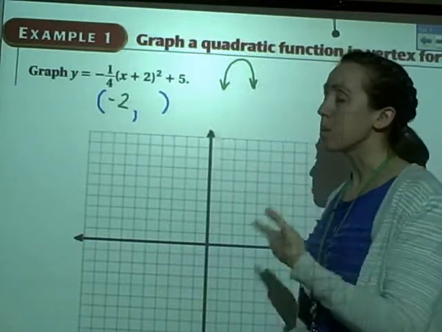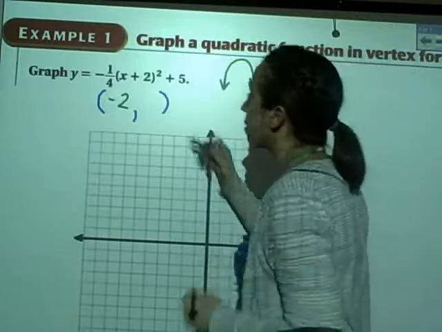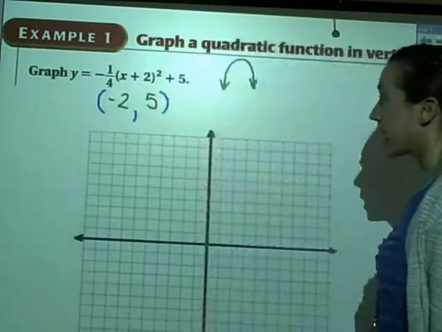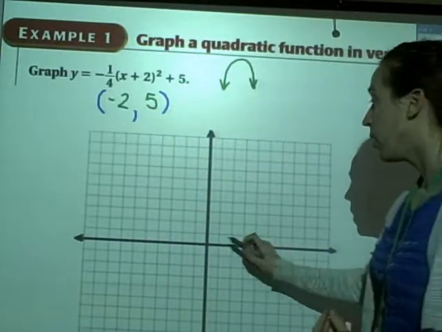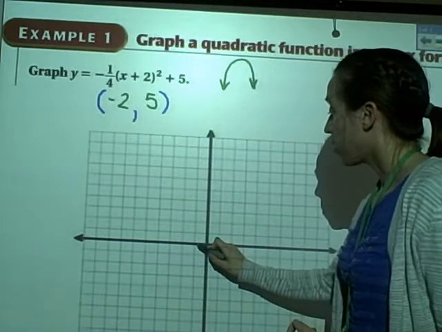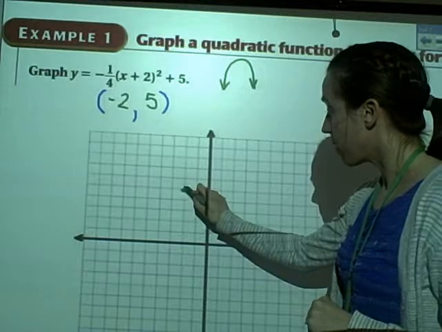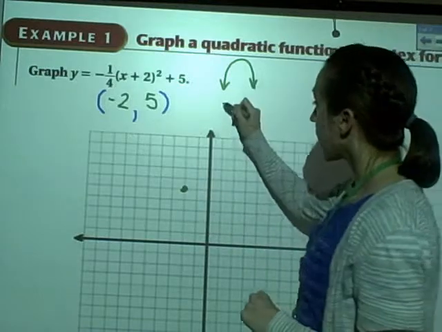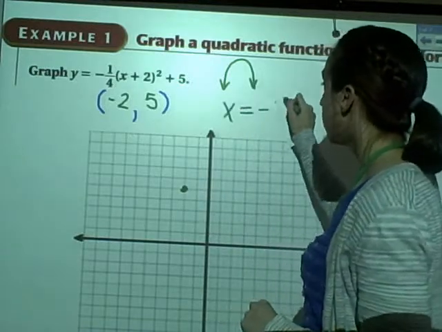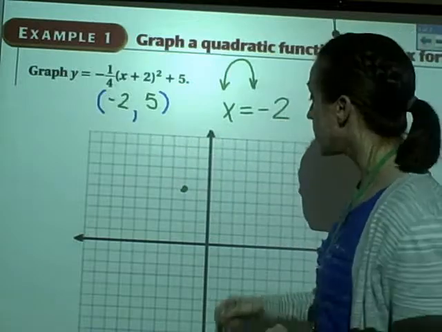And this one I don't have to worry about the opposite. I just put whatever it is. Okay, so right now what I can say is that my parabola has a vertex at (negative 2, 5). There's the vertex. The axis of symmetry is whatever that x value is, negative 2.